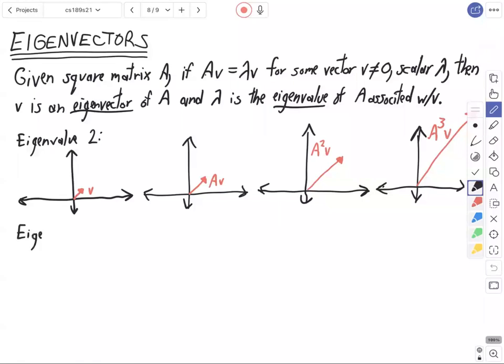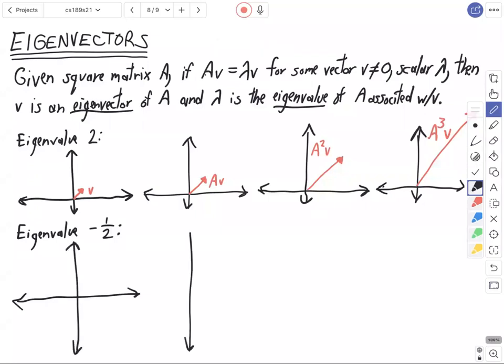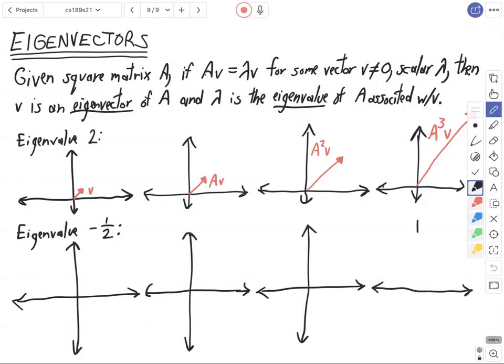A contrasting example, let's suppose that we have an eigenvector with an eigenvalue of -1/2. Again, I'm going to draw four consecutive vectors, all based on an eigenvector with eigenvalue -1/2.